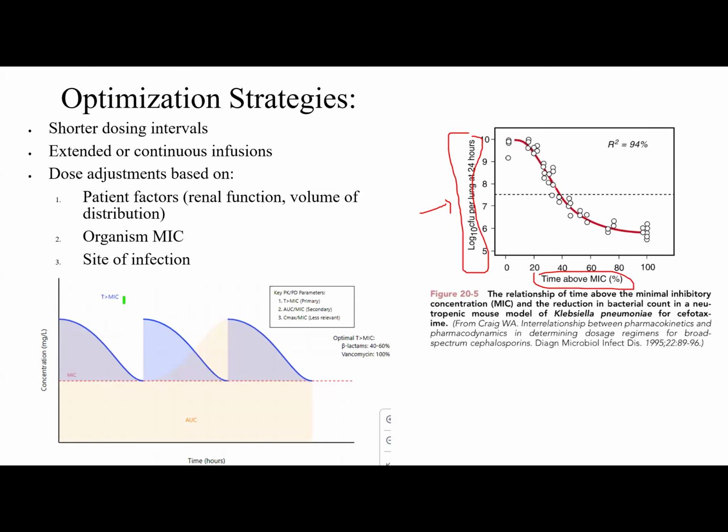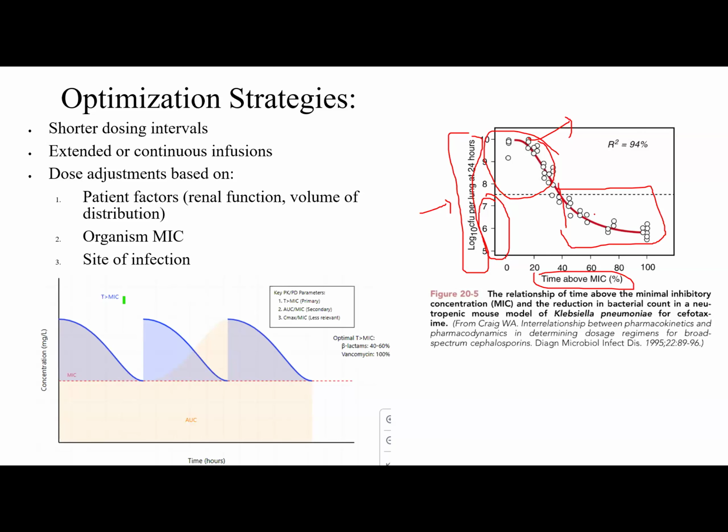So you see here, till the drug was at the concentration of between 40 to 100%, there was decreased production of bacteria, or multiplication of the bacteria was very minimal. As soon as the time above concentration dropped below this, you see an exponential growth in bacteria here. So this is what they mean by time over MIC and the concentration requirement being more than 40%.